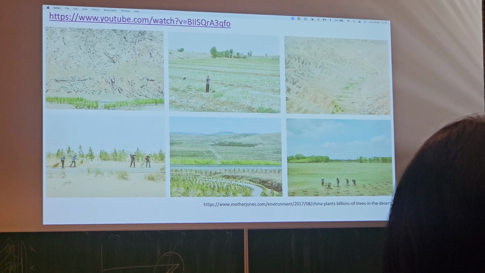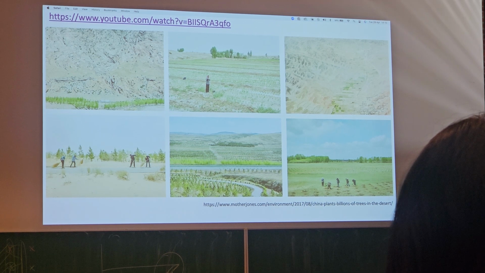So this region that you're seeing on the screen is called Duolin, D-U-O-L-I-N. I'm probably not saying it right. It's in the Inner Mongolia region.